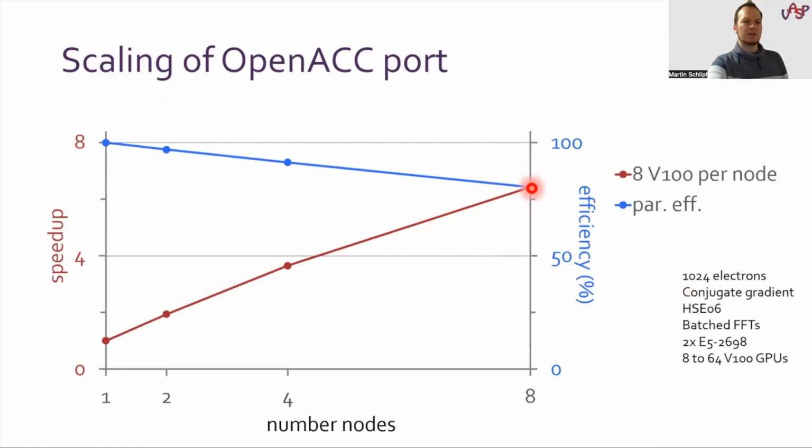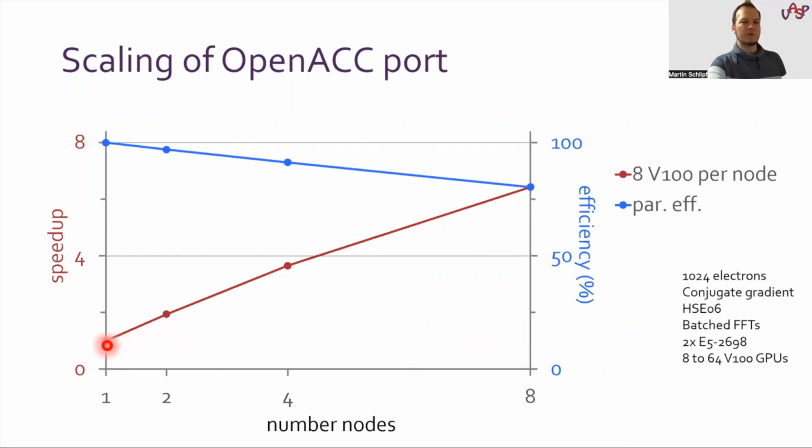Now you might wonder how this actually depends on the communication, if the communication between the different GPUs is the issue. For this we did another test where, instead of increasing the number of GPUs, we just increased the number of nodes but left the number of GPUs constant.